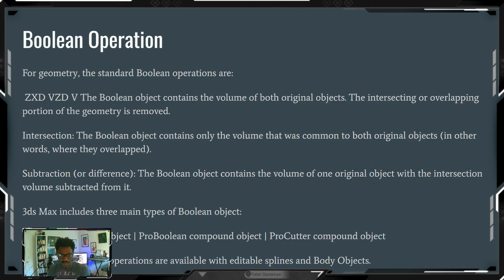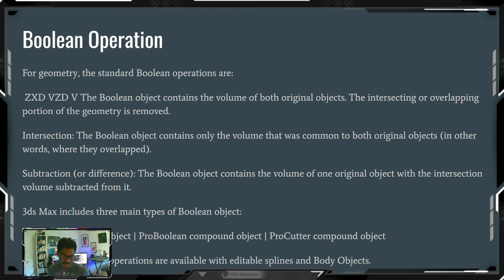All right. So for geometry, the standard Boolean operations are union, intersection, and subtraction. In a union, the Boolean object contains the volume of both original objects. The intersecting or overlapping portions of the geometry are removed.